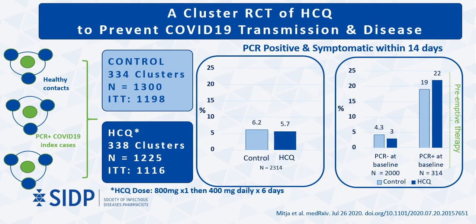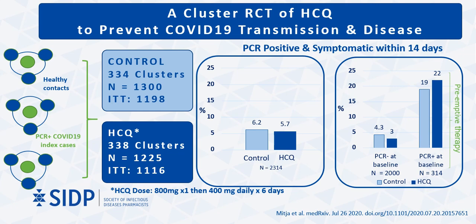This is a Spanish study, a cluster randomized controlled trial of hydroxychloroquine to prevent COVID-19 transmission and disease. And it was really thoughtfully done. This was patients who were exposed to known index cases, so clusters of patients who were then randomized in their cluster to either hydroxychloroquine or control, so no hydroxychloroquine.